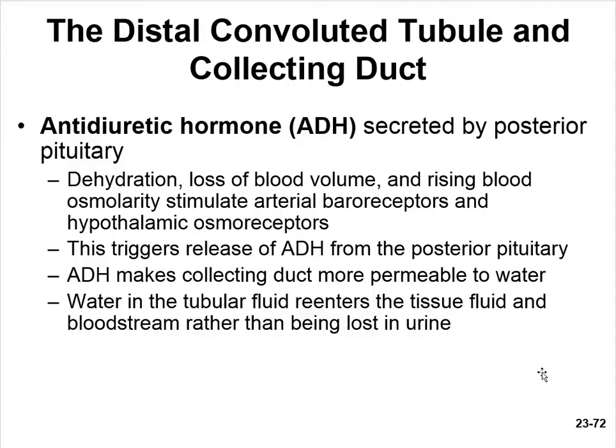Then water in the tubular fluid re-enters the tissue fluid and then the bloodstream rather than being lost in urine. So if we put more water into the blood, blood pressure should increase. That's why it's called antidiuretic hormone. A diuretic is something that you take that makes you lose more water. Antidiuretic means you retain more water.